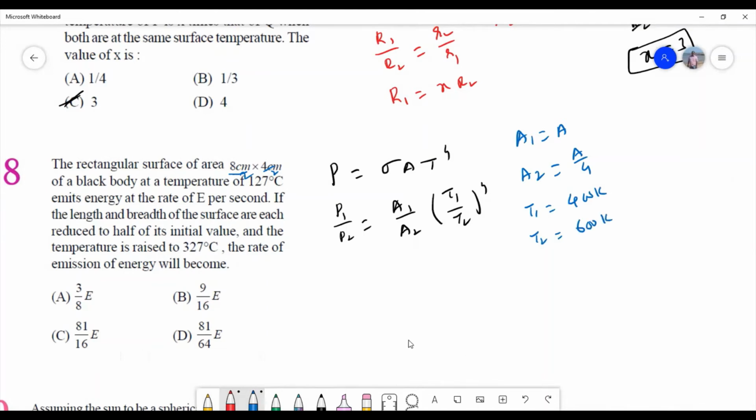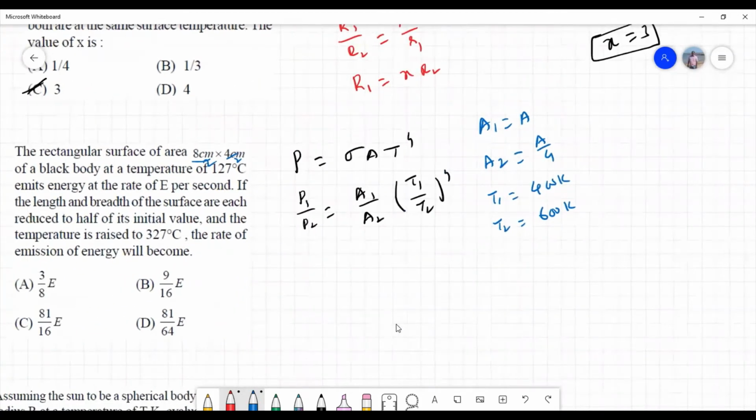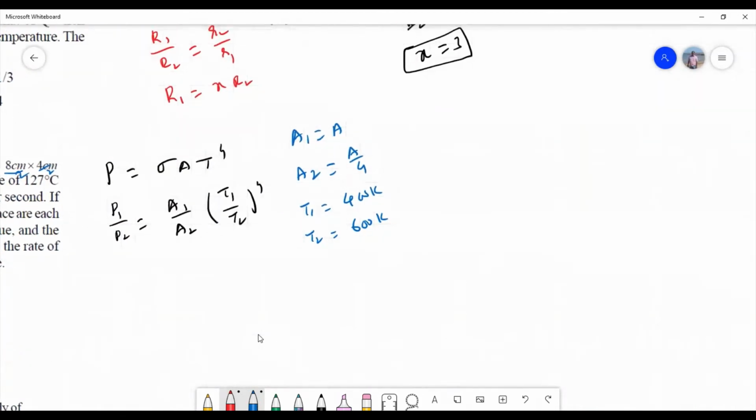Now let's substitute those values there. So initially it is given as E. So E upon P2 is equal to A upon A by 4 into 400 upon 600 whole power 4. So this A, A cancel.